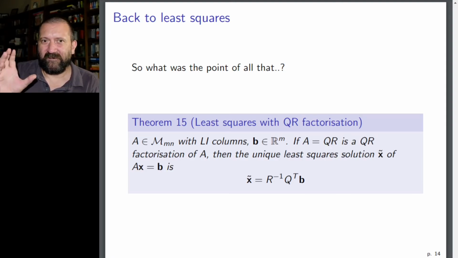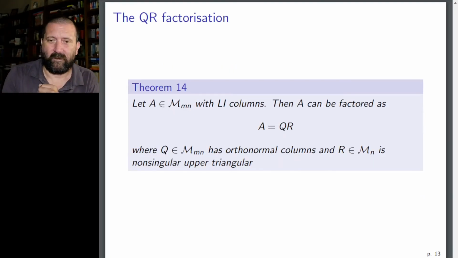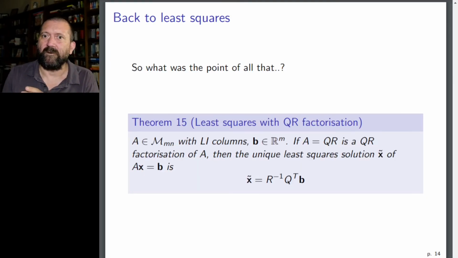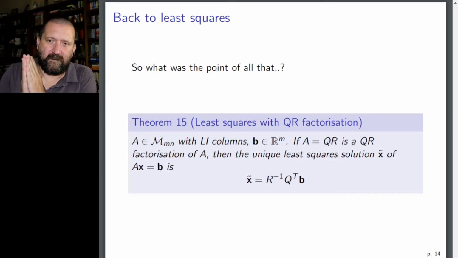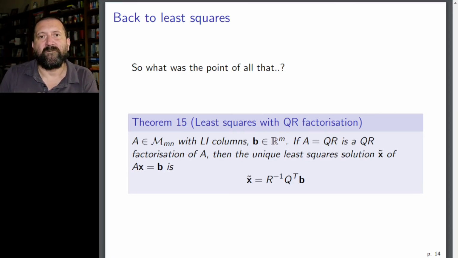If I take a QR factorization of the matrix A, which I know exists from this theorem, and write A as QR, then the unique least squares solution x tilde of my least squares problem Ax equals b is given by x tilde equals the inverse of R times the transpose of Q times b.